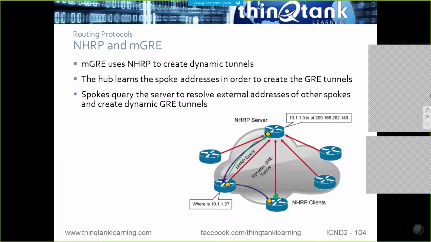And I will set up a temporary tunnel from my public IP to this public IP so that I can route that traffic directly back and forth between those routers. This is why it's called dynamic multipoint VPN, because there are these dynamic tunnels that are being created whenever I want to communicate from one spoke router to another. Follow?